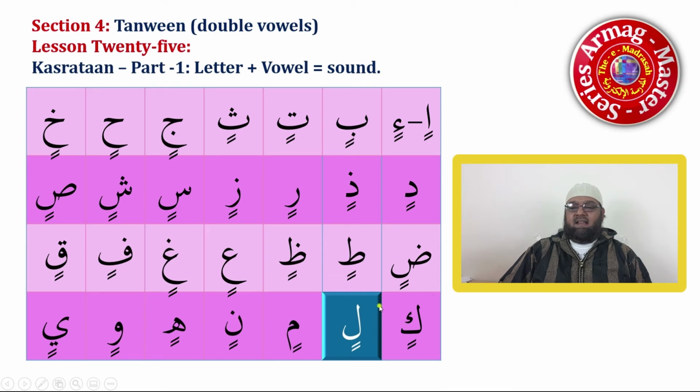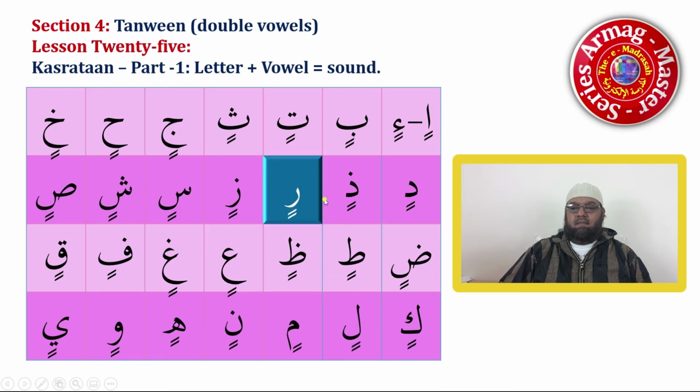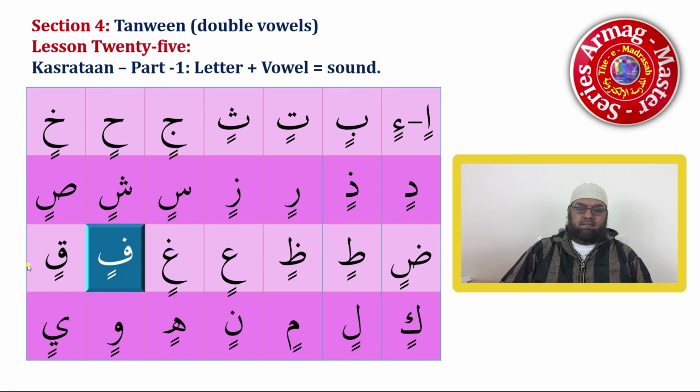The next letter is the letter Ra. And Ra with Kasratan gives us rin. The next letter is Fa. And Fa with Kasratan gives us fin.